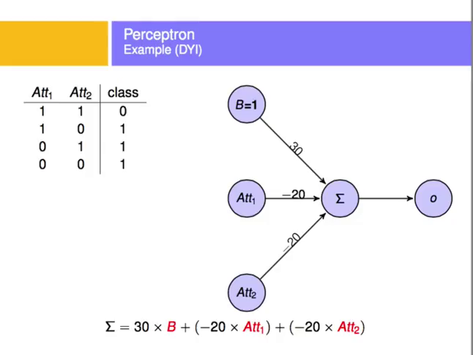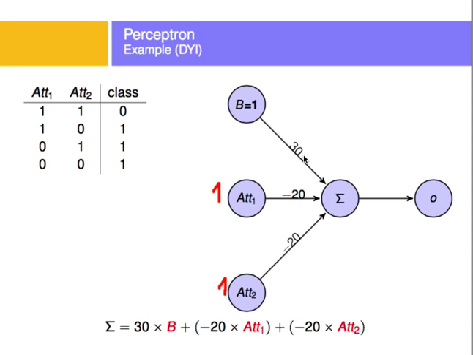So let's do the math here, right? So for example, for the first example, 1, 1, and 0. This attribute is 1. This attribute is 1. Okay? And this sigma, or this blending thing where I multiply attributes by weights and add them.